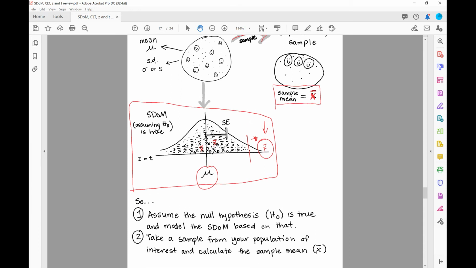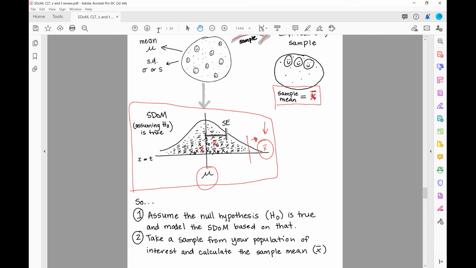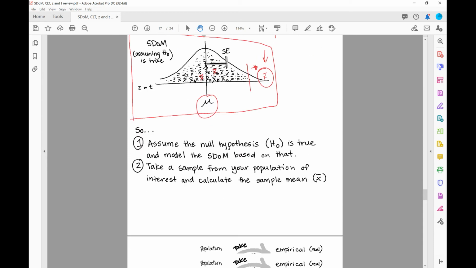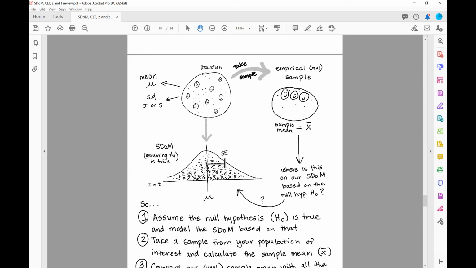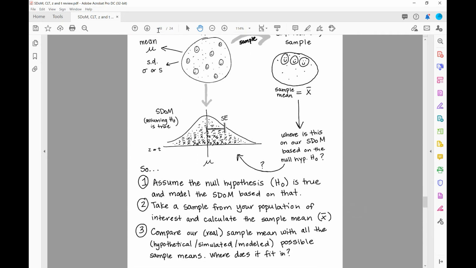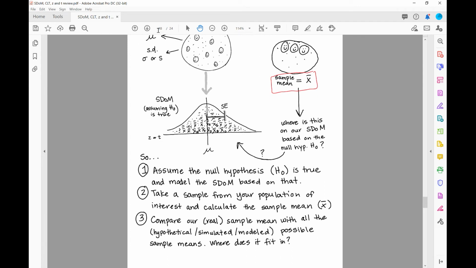So we take a sample from the population of interest, calculate the sample mean, and then we need to compare the sample mean that I got. Where does this fit in my SDoM that's based on the boring hypothesis?